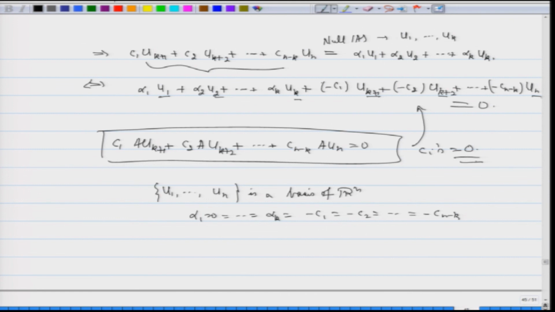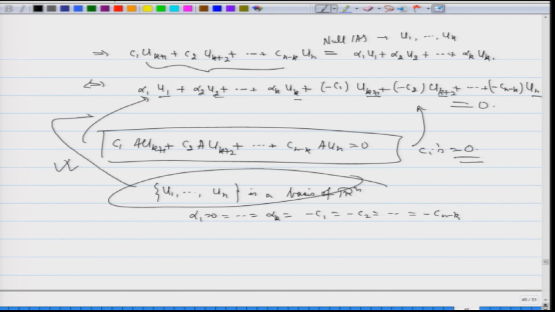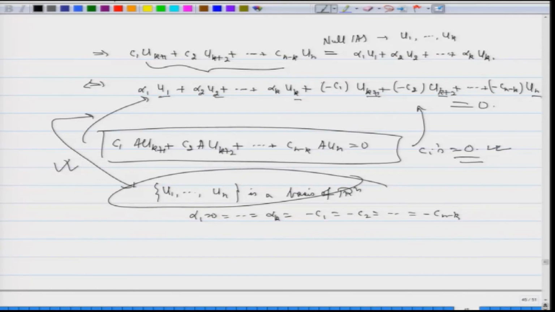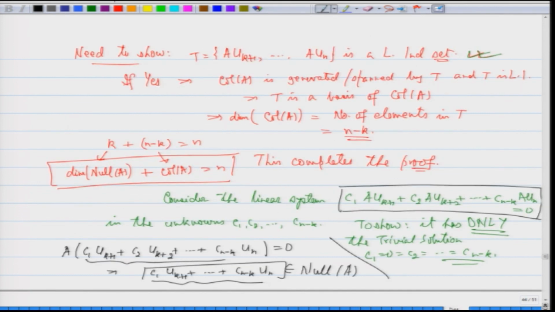Fine. So, understand here that from this system we went to this system, which was about a basis of Rn, and for a basis of Rn we need that each of these coefficients must be 0. So, the alpha i's are 0, the Ci's are 0, therefore, these vectors that I am looking at are linearly independent, and this is what we wanted to prove, that this set has to be linearly independent.